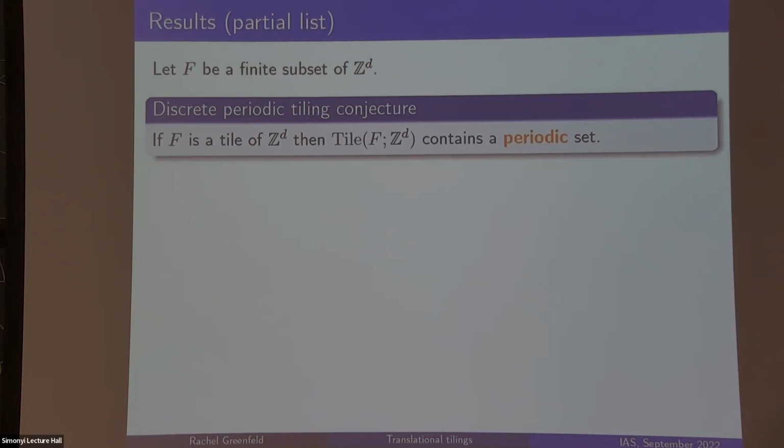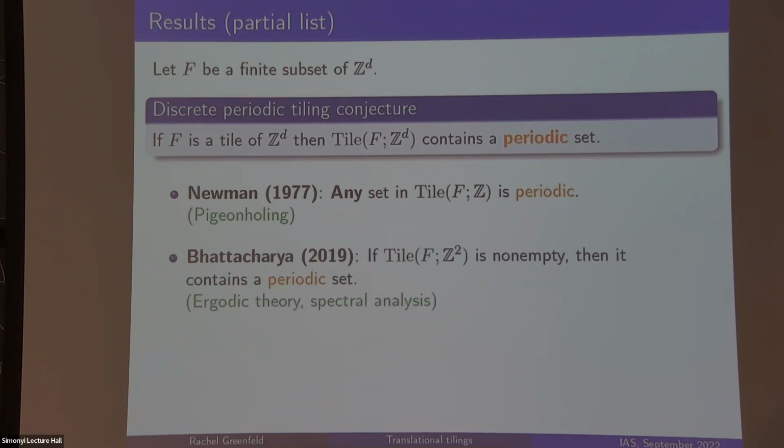And let me just show you some of the main results that were obtained. This is just a partial list. The one-dimensional case was solved by Newman by his simple pigeonholing argument. Newman proved that the conjecture holds in Z. The two-dimensional case is already quite complicated, and it was solved only very recently by Bhattacharya using mostly ergodic theory methods.